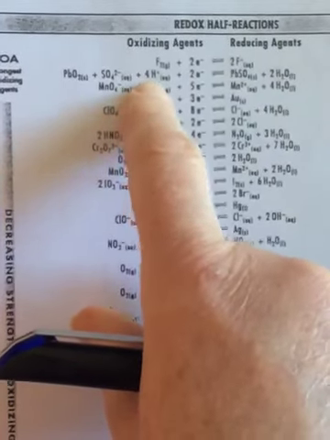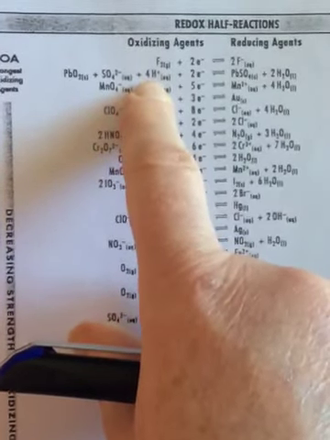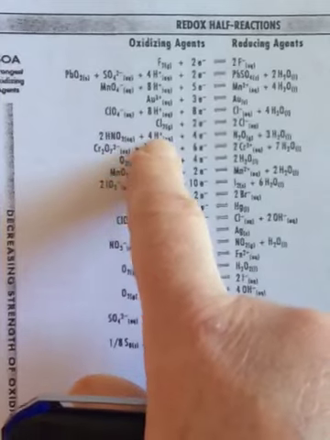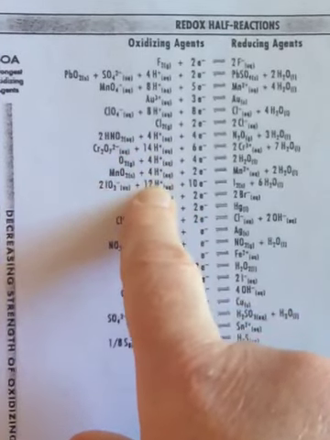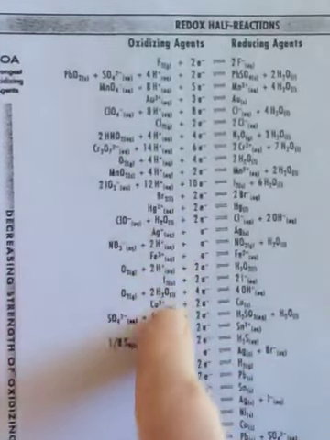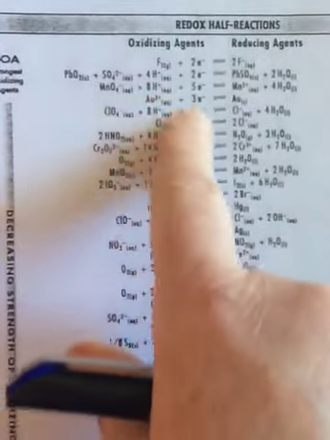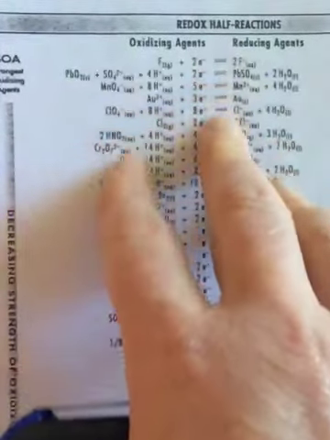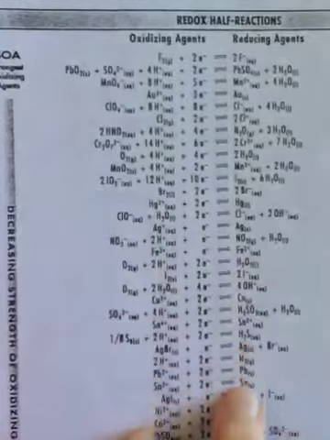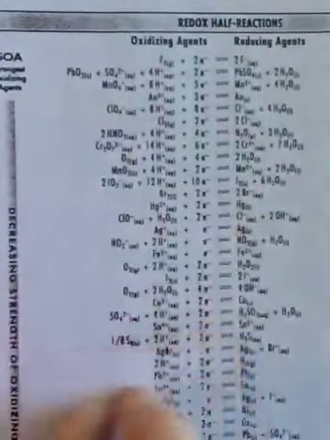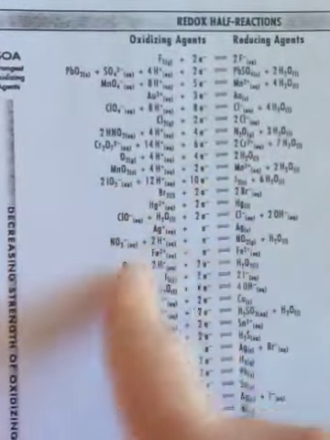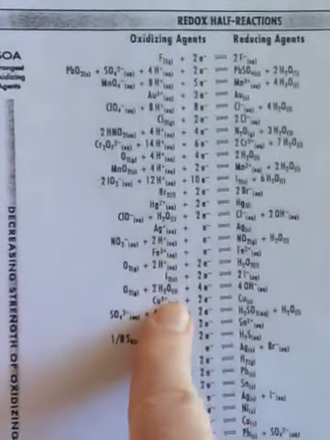One of those is H positive, right? H positive is here, it's here, it's here. And then of course it is also by itself. So when we're using the chart and looking for particular entities, you have to check the whole chart on both sides because it's possible that things will show up more than once.